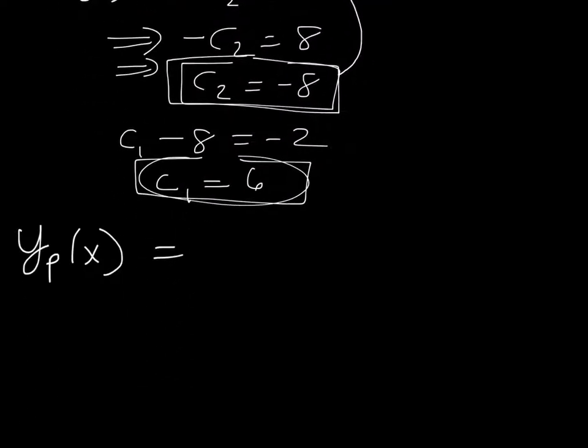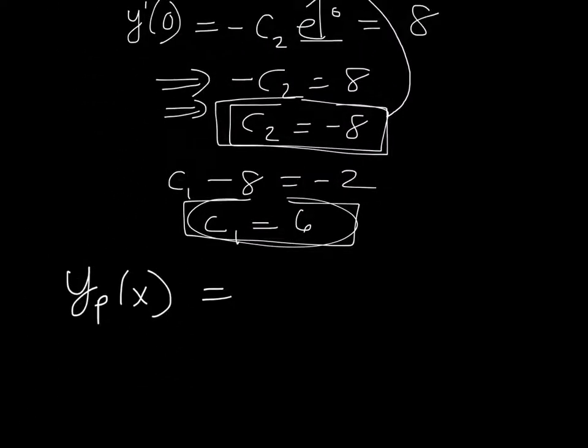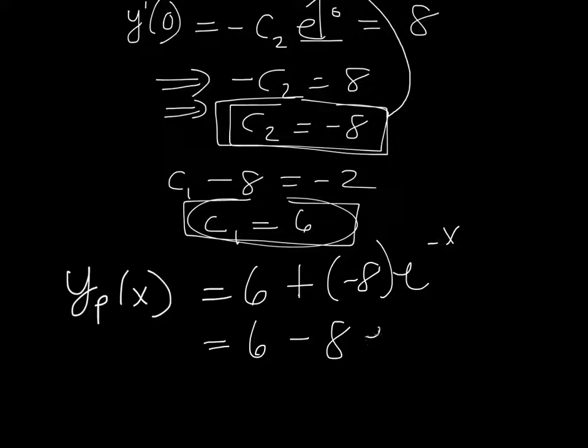So C1 is 6 plus C2 is negative 8, times e to the negative x, but we can simply write that as 6 minus 8 e to the negative x. That is our y sub p.